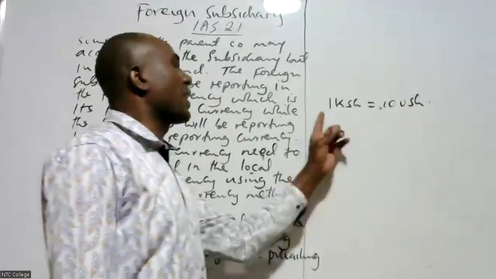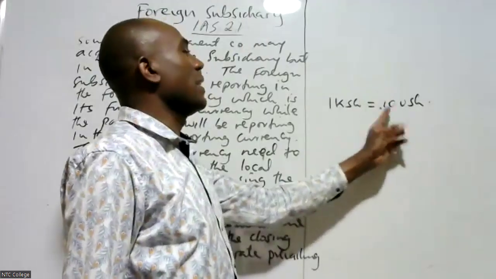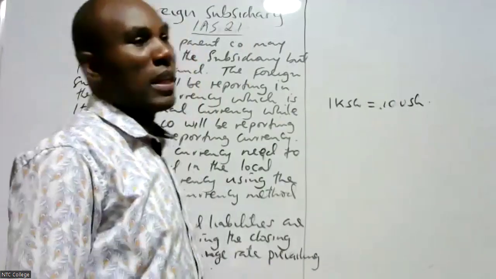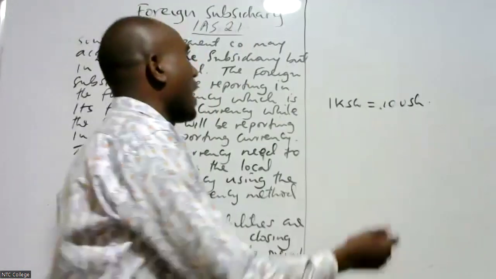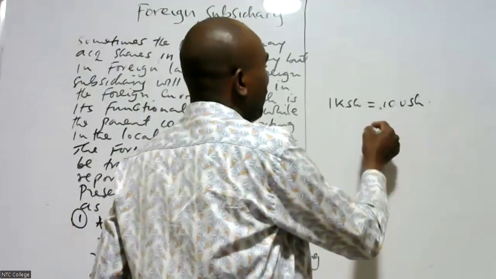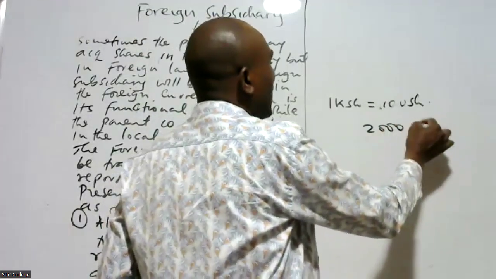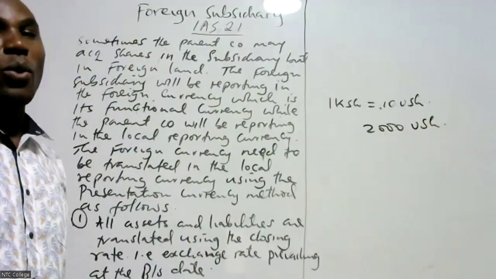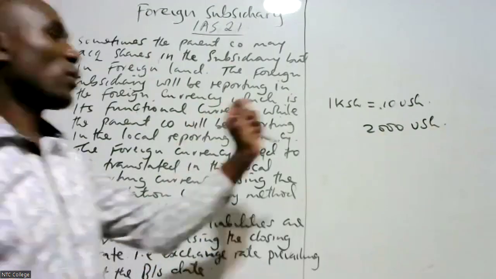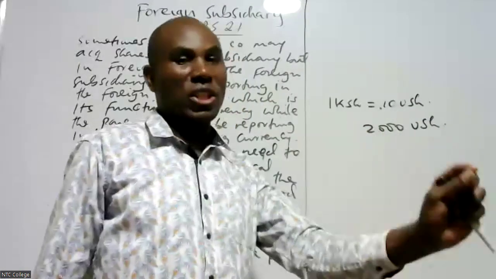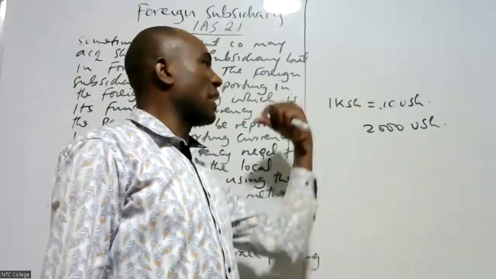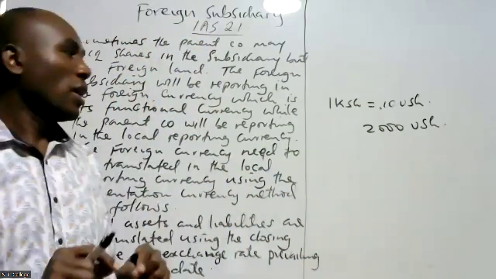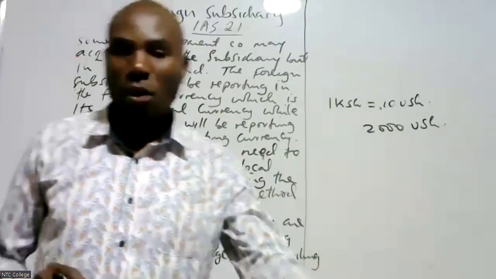Now, if we say 1 Kenya shilling equals 10 Uganda shillings, it means that the Kenya shilling is strong. Now, let me ask you, if I have 2,000 Uganda shillings, I want to translate into Kenya shillings. What will I do? Will I divide or will I multiply?